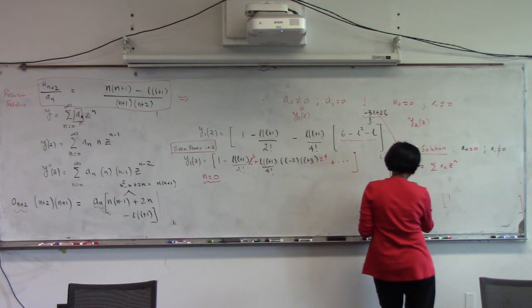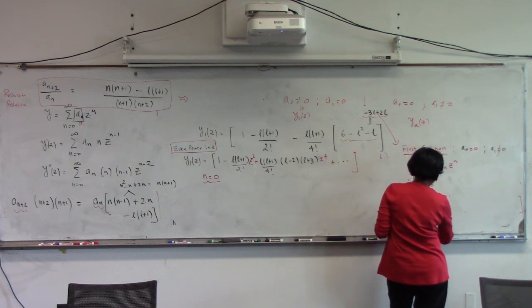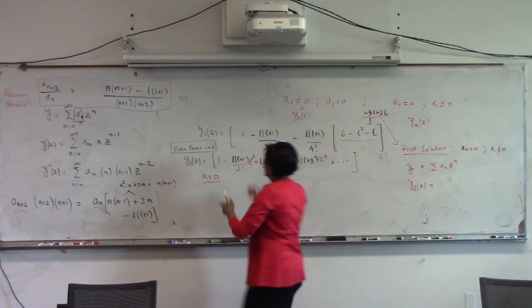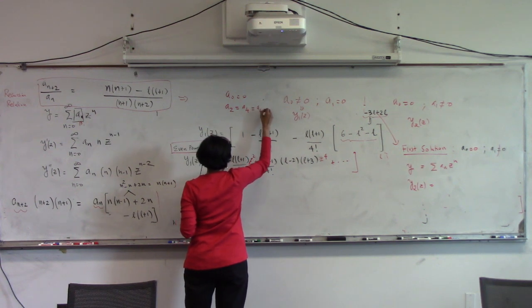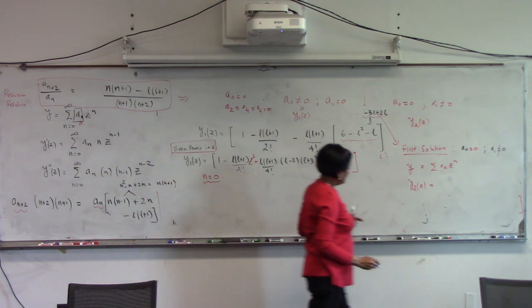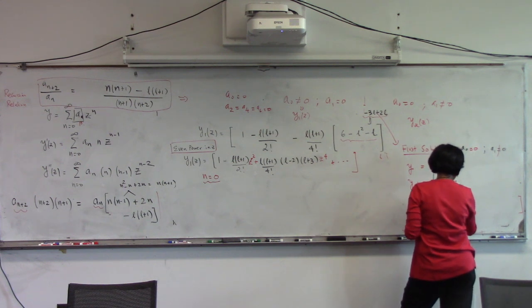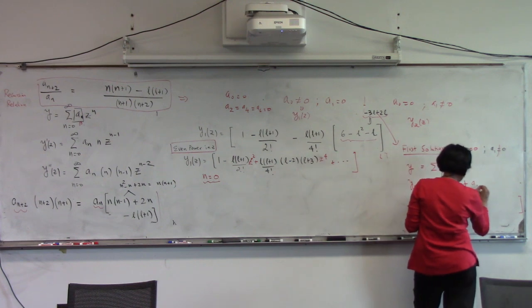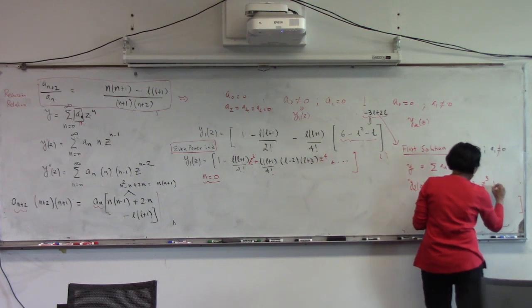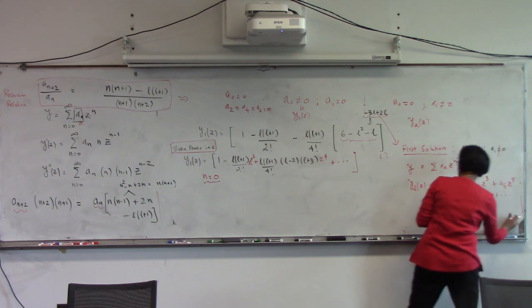All right, so my second solution is then, if a naught is 0, then all the other even coefficients will become 0. So I can write this as the leading term is now a1 z, right? n equal to 1 is the first term. The next term will be a3 z cubed, a5 z to the power 5, and so on and so forth.